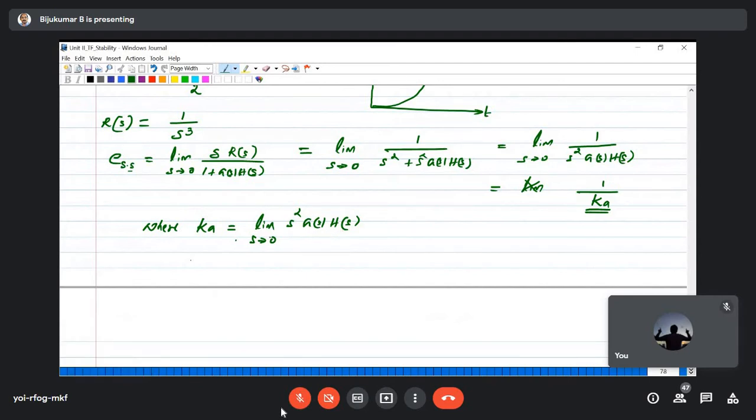When it becomes velocity error constant, you have to multiply by s, that is s into G(s)H(s). Now for acceleration constant, again you multiply by s, so you will get limit s tends to 0, s square G(s)H(s), where Ka is called static acceleration error constant.